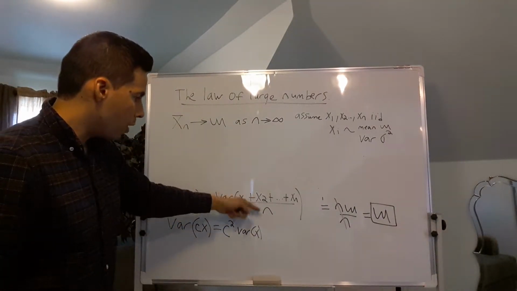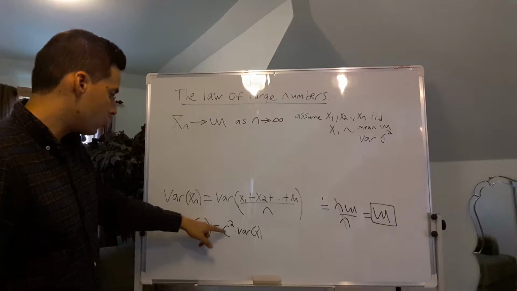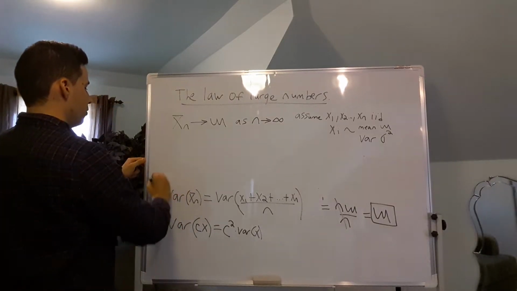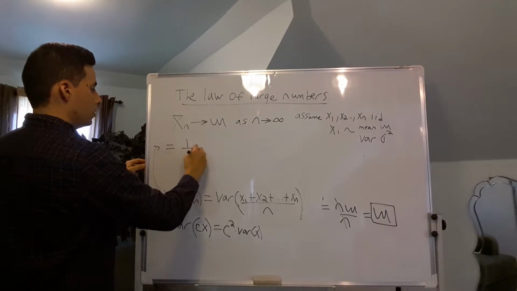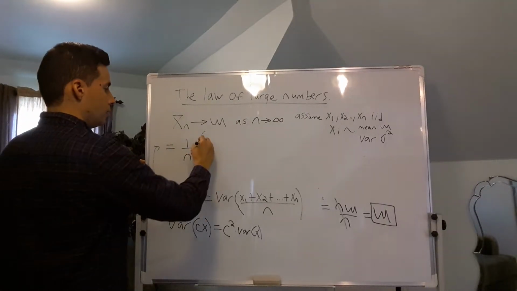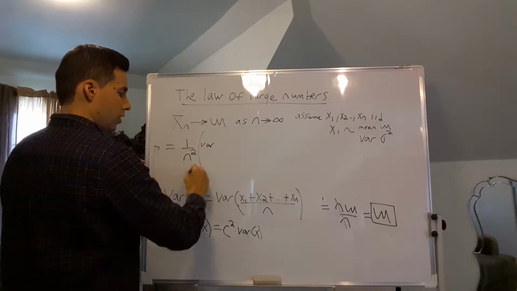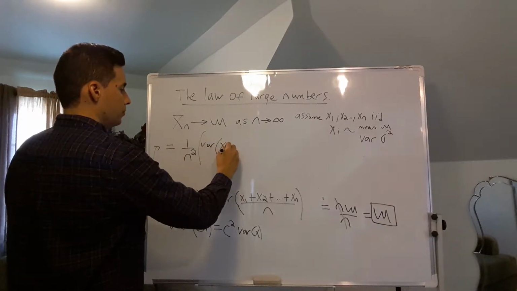So we can pull out the 1 over n, but we have to square it. So over here, we're going to get 1 over n squared times the variance of this sum.